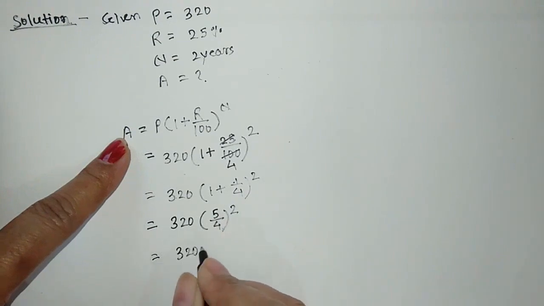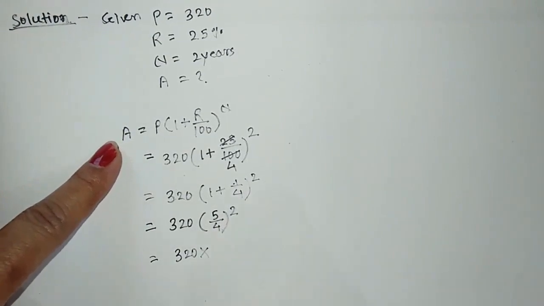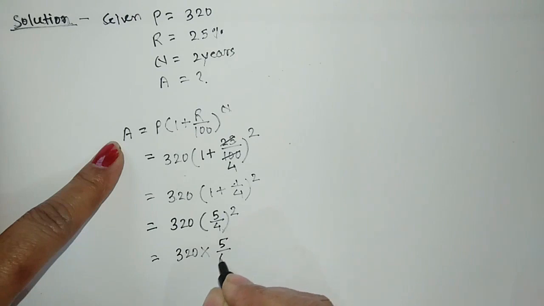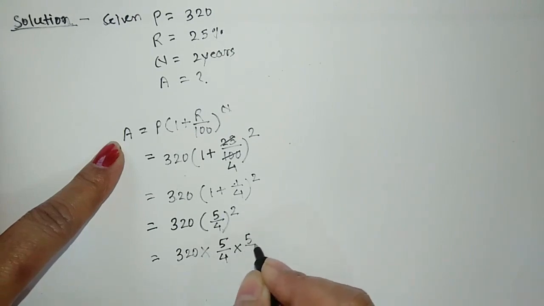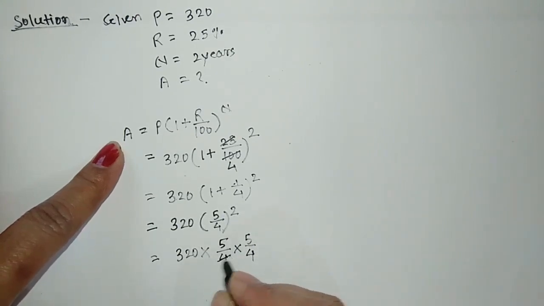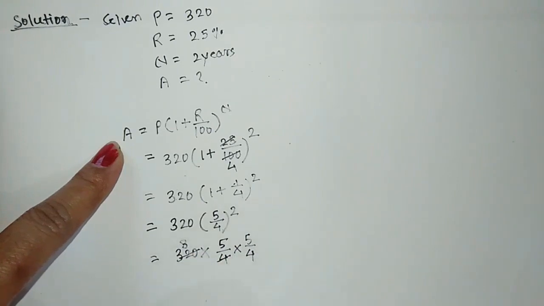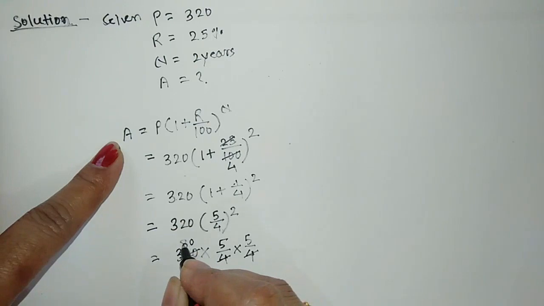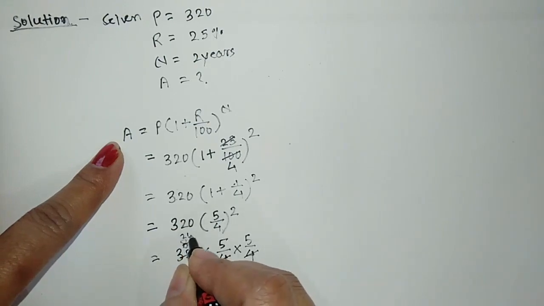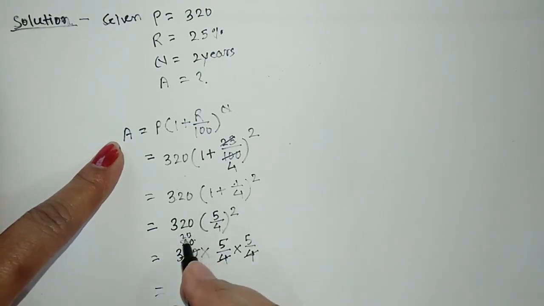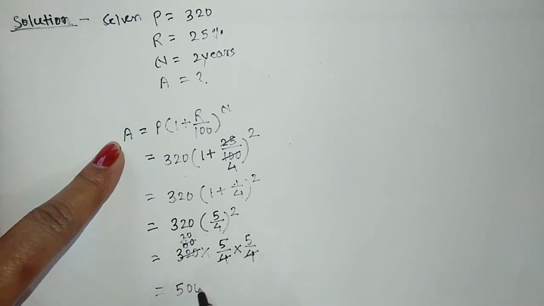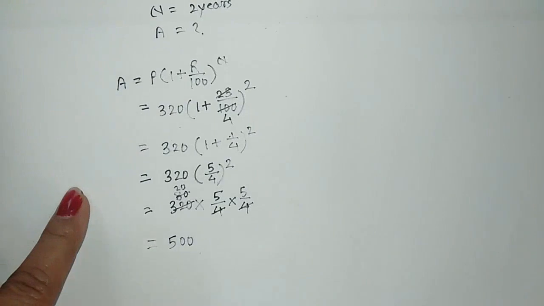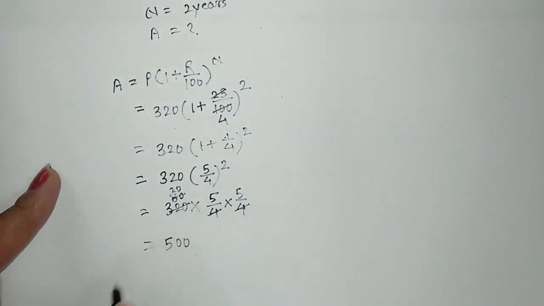So 320 multiplied by 5 upon 4 multiplied by 5 upon 4. 4 eights are 32, 8 zeros are 0. Now 4 twos are 8, 0 as it is. So 25s are 100, 10 fives are 500. Very simple.